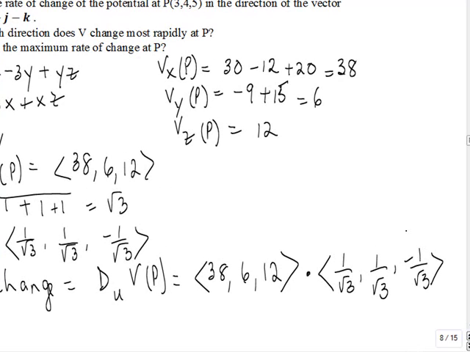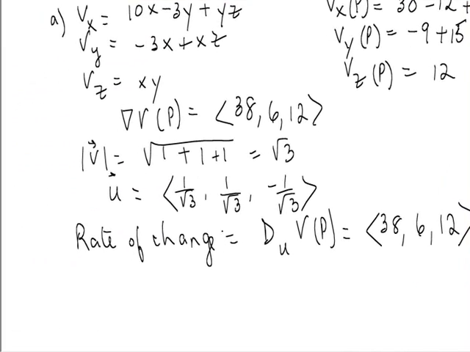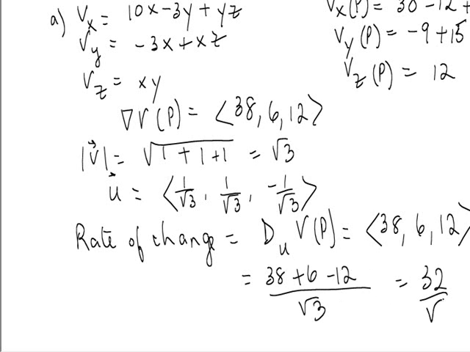And you work that out. So that is 38 plus 6 minus 12 over square root 3, which is equal to 32 over square root 3. So that's A.